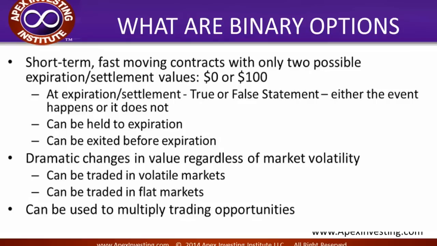Well, you can actually collect premium, and I teach you about premium collection over at Apex Investing, so you can check that out. You can buy a contract and just let time pass and actually be profitable. If the trade stays flat, goes in your favor, or even moves against you a little bit, you can potentially still be profitable. With the ability to have volatile strategies and flat market strategies, you have a lot of different trading opportunities.